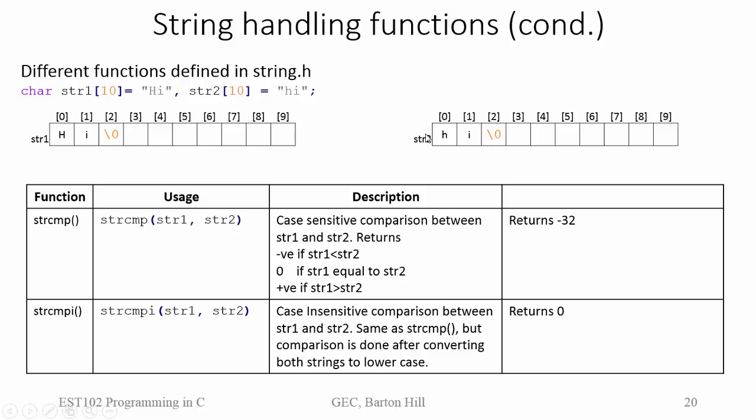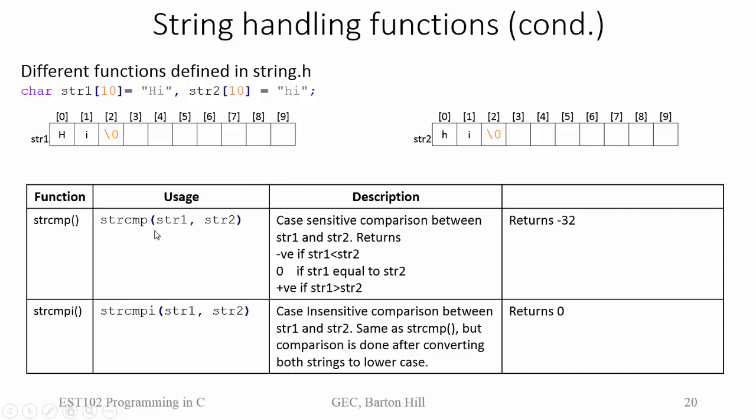This process is continued until the end of one of the strings is reached, or if the difference between the ASCII values of str1 and str2 at a particular index is not 0. So this is how strcmp works.